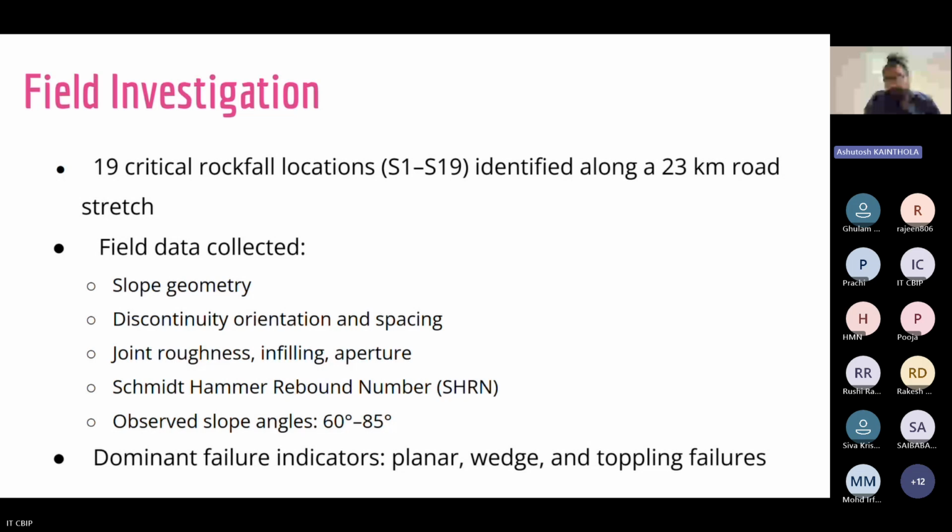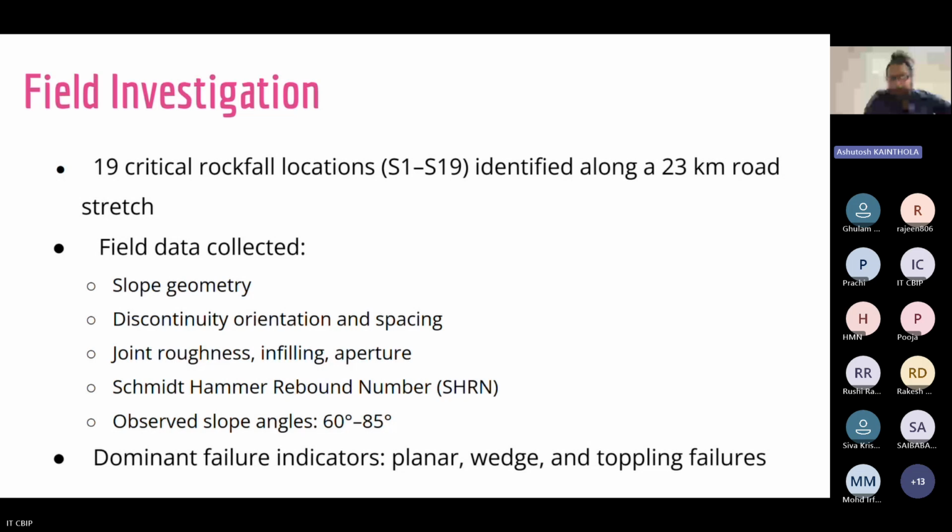So the total stretch that we undertook was 23 kilometers from Chitkul to Sangla, and we divided the slope sections into 19 distinct zones based on the similarity of lithology or rock character. There were some soil slopes too, but that's a different aspect of the study. These were all rock slopes.